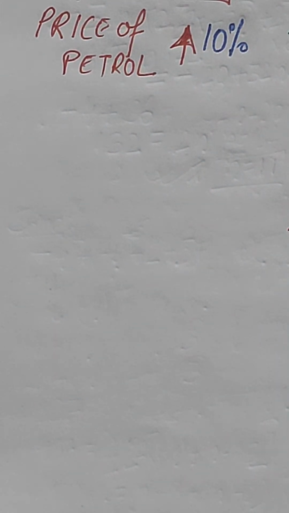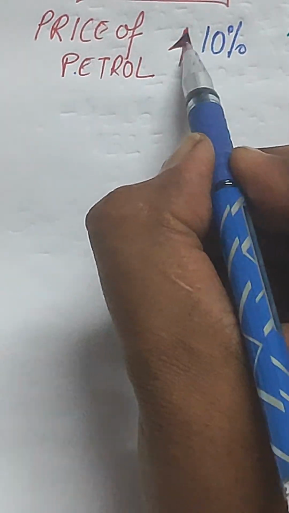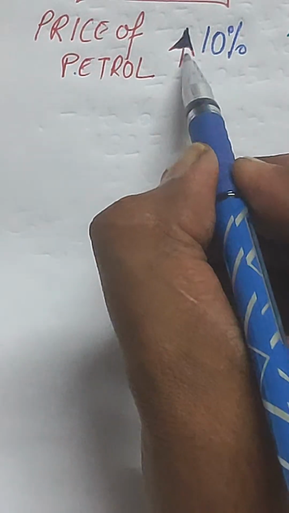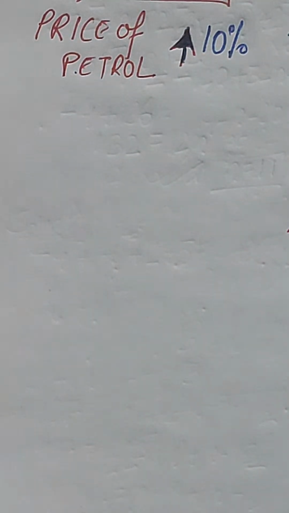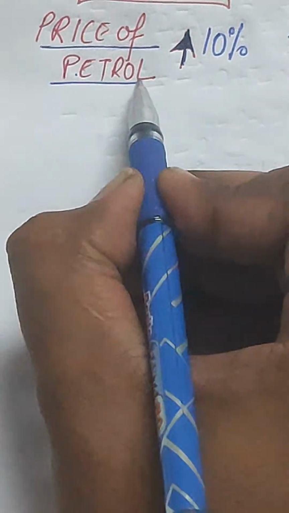The question is that if the price of petrol goes up by 10%, then by how much percent must a biker, or a person having his bike, reduce the consumption of petrol so that the expenditure remains the same?